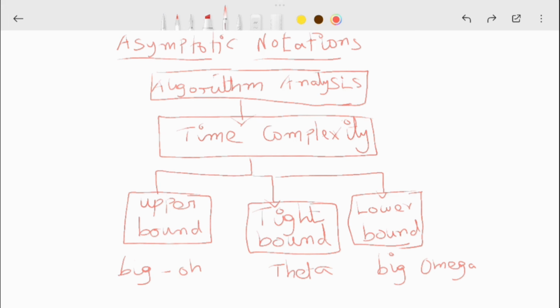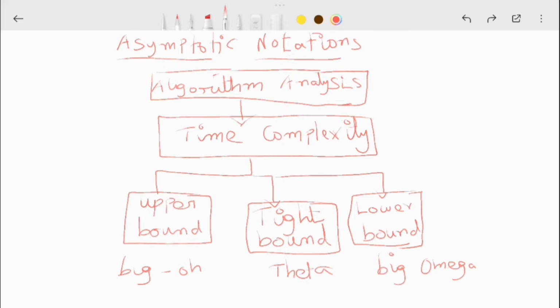These are two different contexts of the input, and you give these two different inputs to the same algorithm. In this case, the algorithm behaves differently. That means the time it takes to complete its execution differs. If the size of the input is n and the input is sorted, it takes some amount of time to complete.